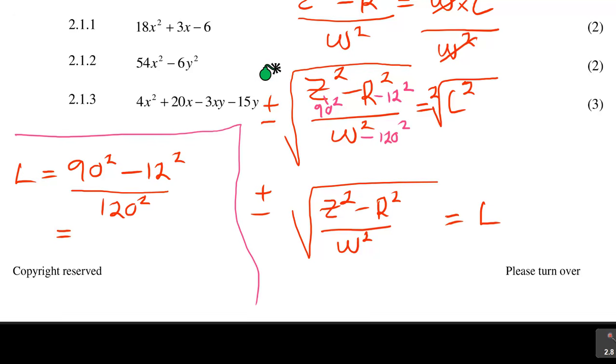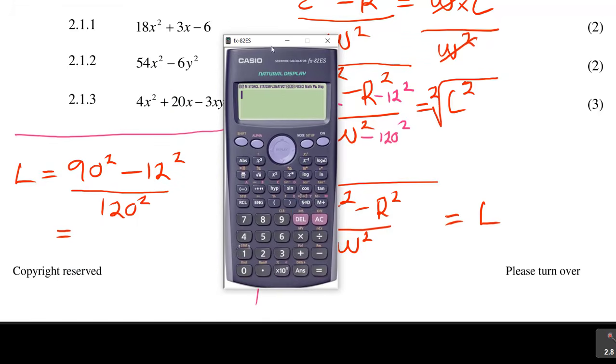So if I grab my calculator here and see what it gives me: 90 squared minus 12 squared all over 120 squared is equal to 221 over 400.